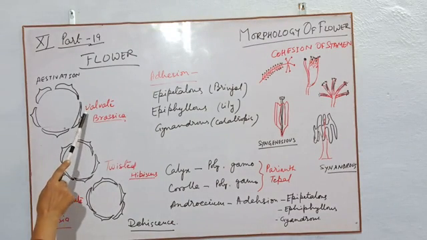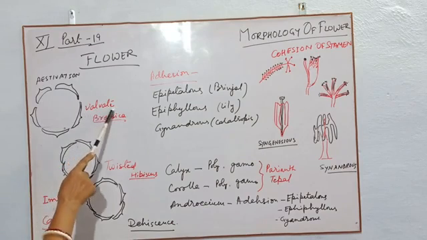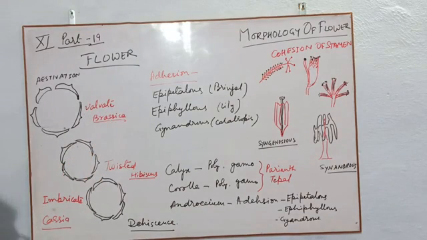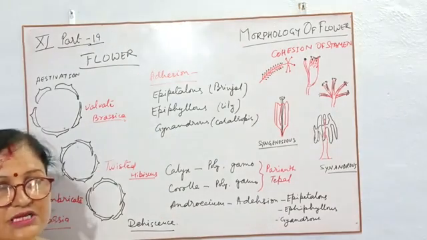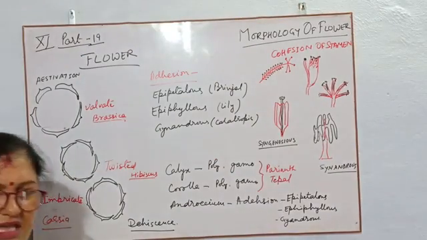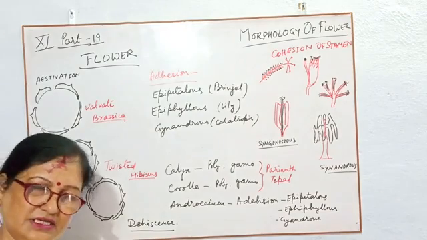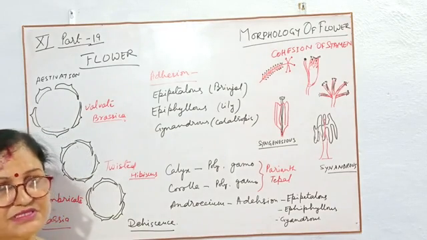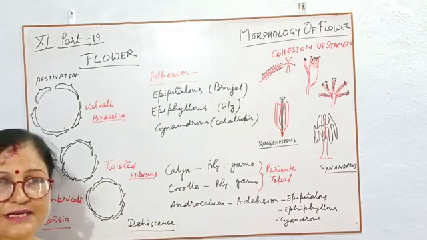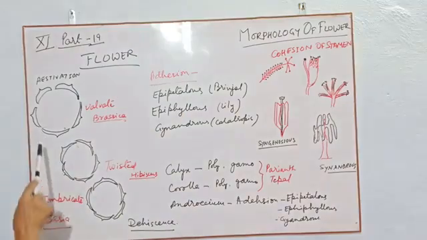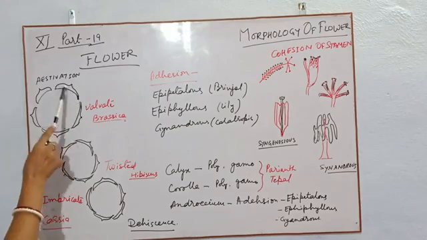The first estivation is called valvate. In valvate estivation, either calyx, that means sepals, or corolla, that means petals, are all joined in the same plane.